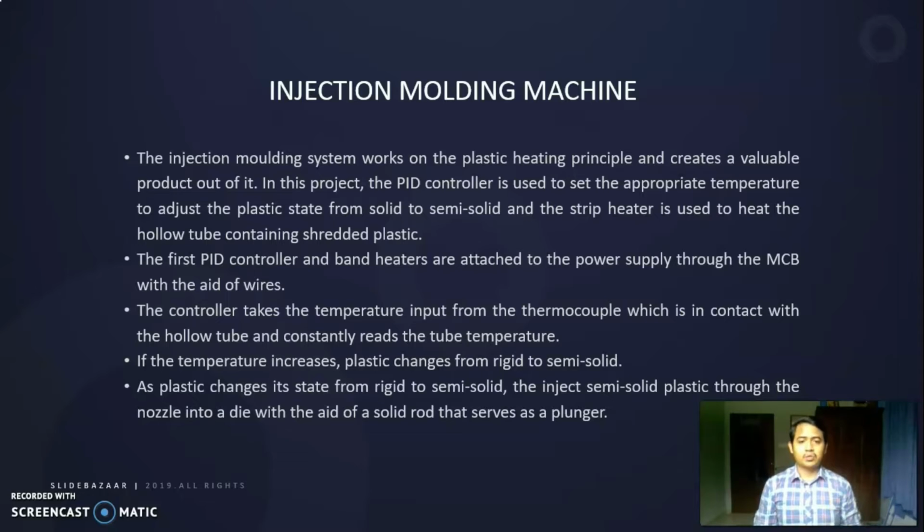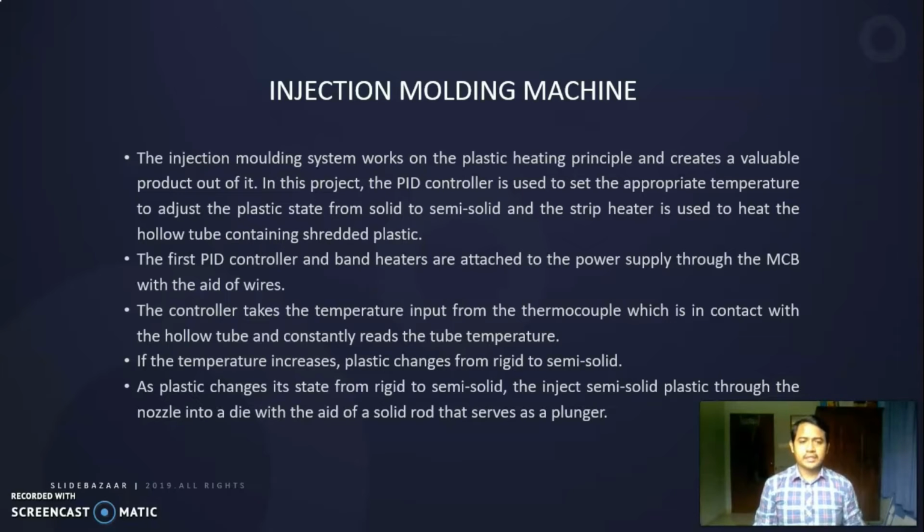The PID controller and the band heater are attached to the power supply through the MCB with the aid of wires. The band heater is attached to the controller through the solid state relay, which serves as a switch to switch on and off the supply to the band heater so that temperature is controlled.